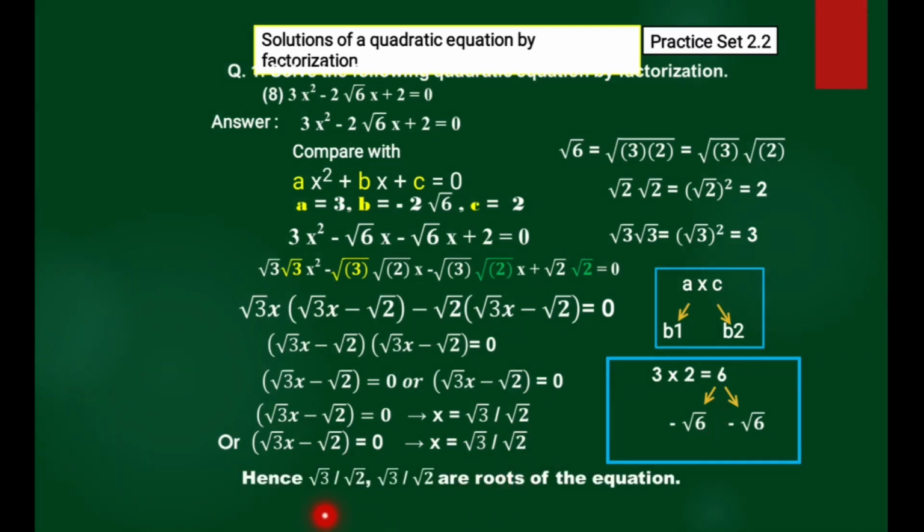Hence root 2 by root 3 and root 2 by root 3 are the roots of this equation. So in this way you can solve questions from practice set 2.2.